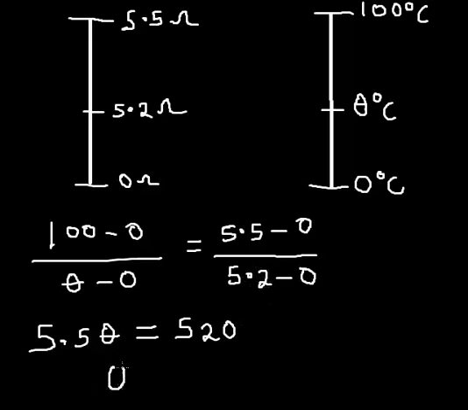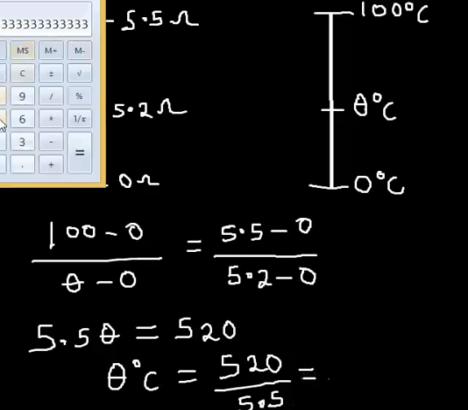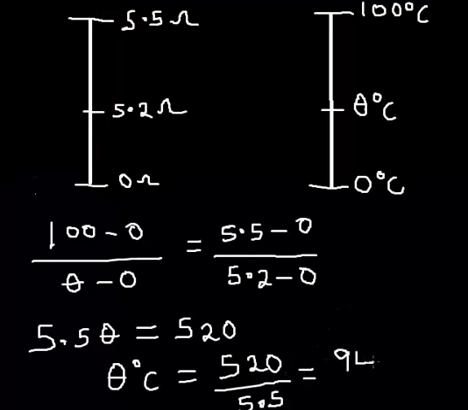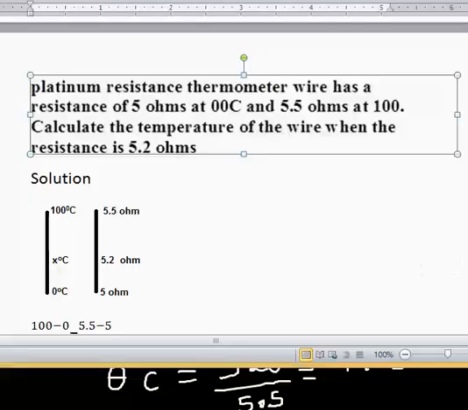So that means my theta, theta degrees Celsius, is going to be equal to 520 divided by 5.5. So 520 divided by 5.5. That's 94.5 approximately degrees Celsius.